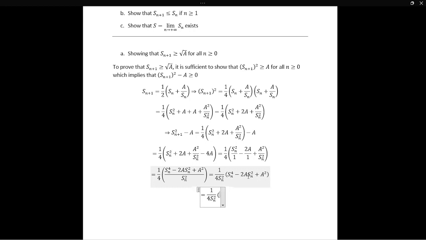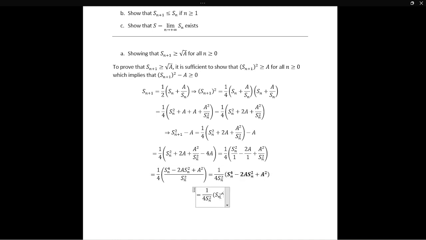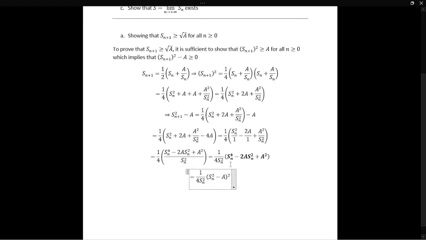That is, this term here is just equal to s of n squared minus a, all that squared, if you complete the square. If you expand this, you're going to arrive here. All right, so let's now conclude.